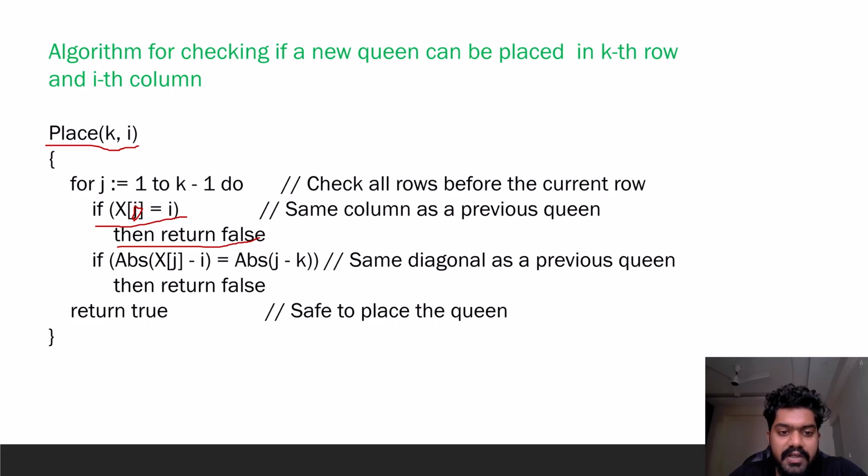And j represents the row of the previous queen placed, and k is the row of the present queen. If both match, then they belong to the same diagonal, so we can't place it. If it fails to satisfy both conditions, then it returns the true value. That means we can place the queen in the kth row and ith column.